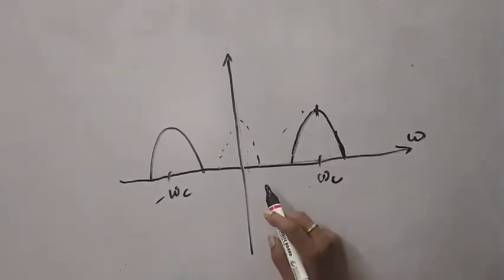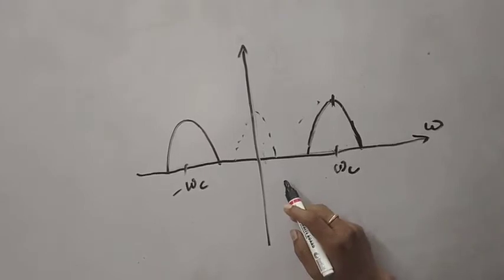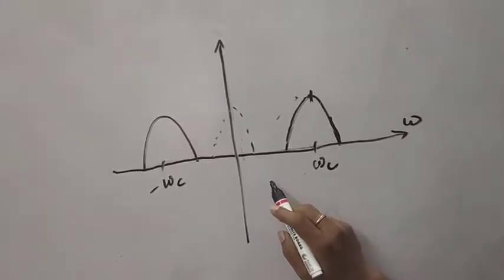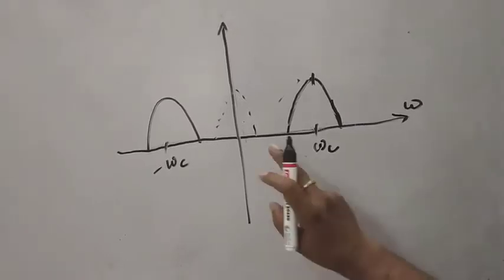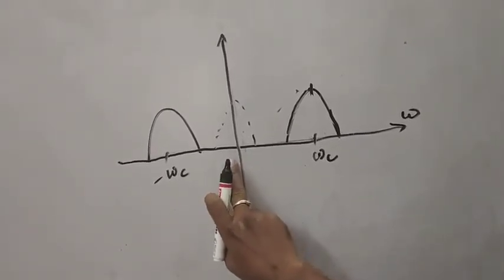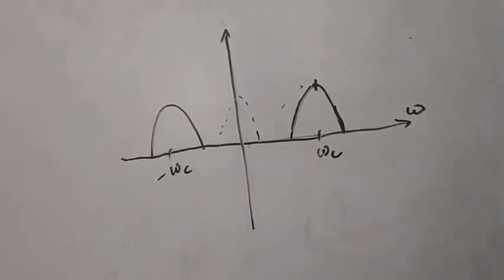If you consider cos omega ct as half of e to the power j omega ct plus e to the power minus j omega ct, using Euler's theorem, then the message signal that was here is shifted to this part and to minus omega c by the cos omega ct multiplication.